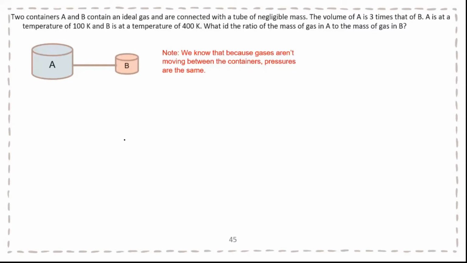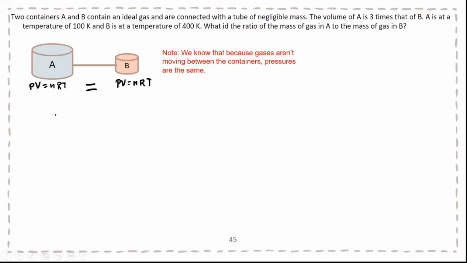All right. So we must have the concept that PV is equal to nRT of A, PV is equal to nRT of B, they are equal.